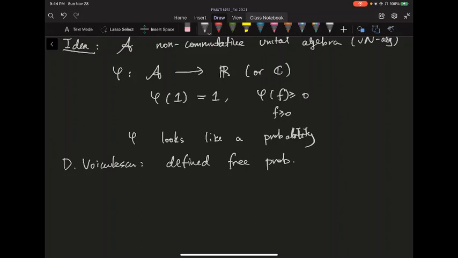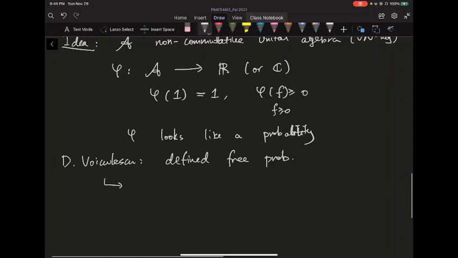And a lot of classical probability theory, for example the central limit theorem, which basically says if you have some identically distributed things, you take the average, they will converge to a normal distribution, also has an analog. The main theorem is they have some notion of the free central limit theorem.